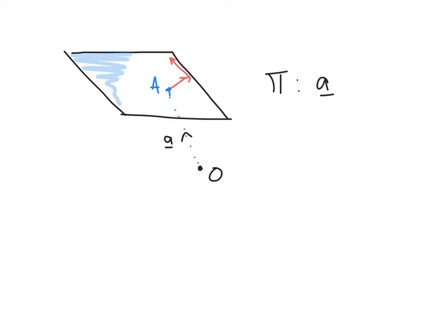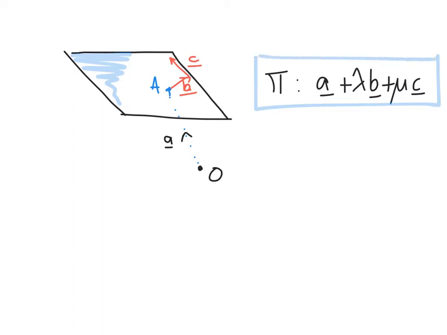So if we call this vector B and vector C, then our plane is, well, we'll use A to get to it, and then we will use any multiple of B that I need and any multiple of C that I need to move around the plane. And because this would then get me to any point on the plane, it is an equation for the plane.